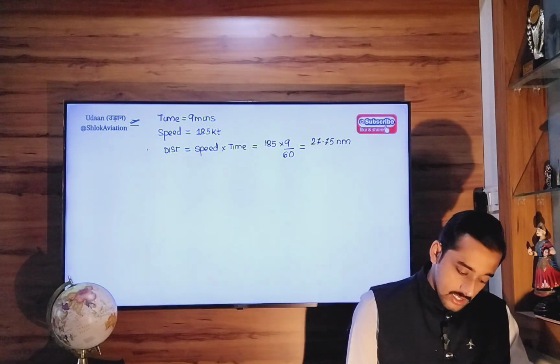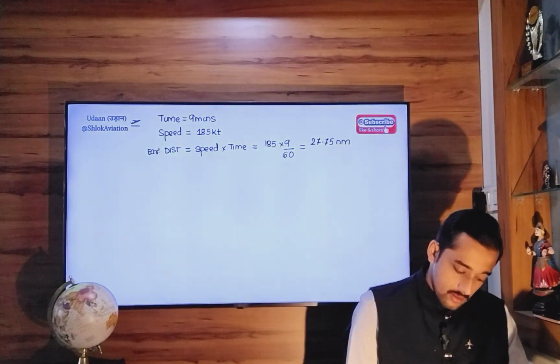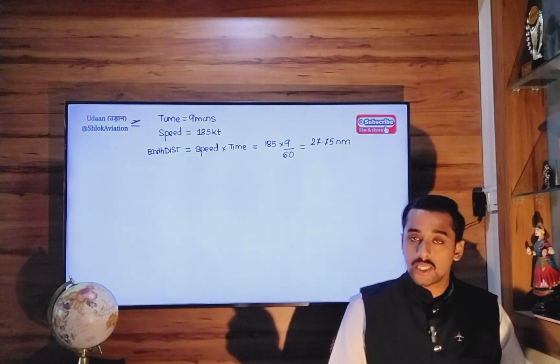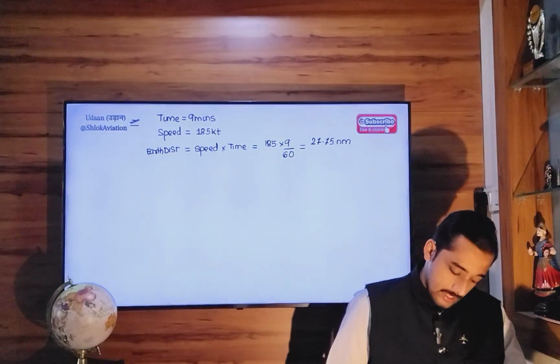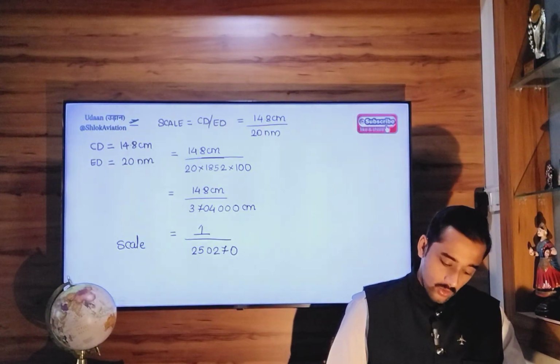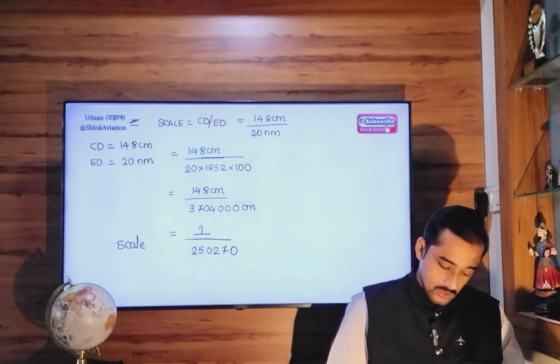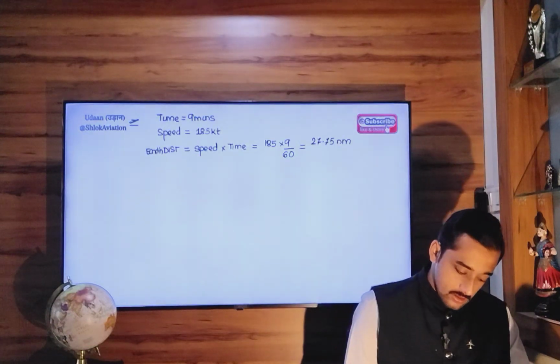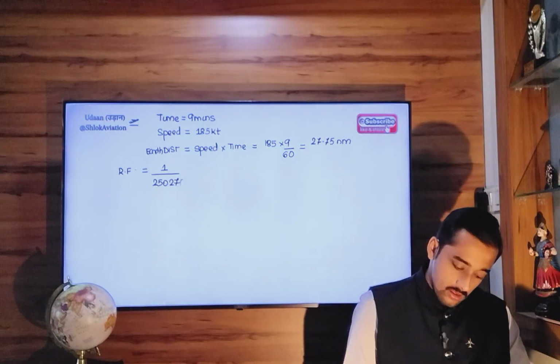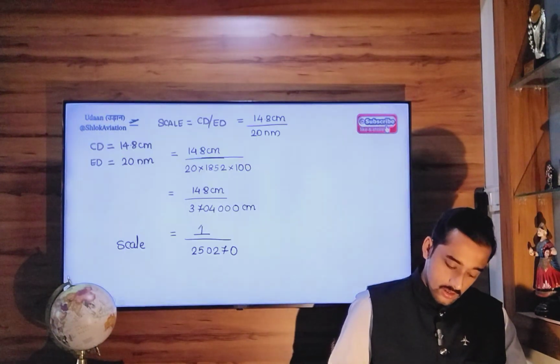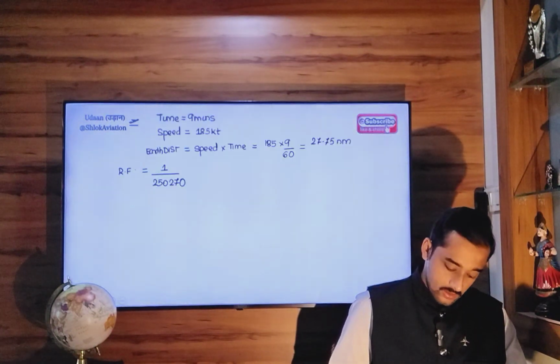So earth distance is 27.75 nautical mile. Representative fraction is 1 divided by 250,270.